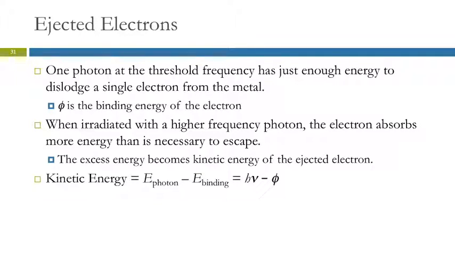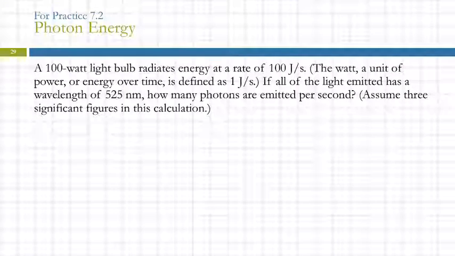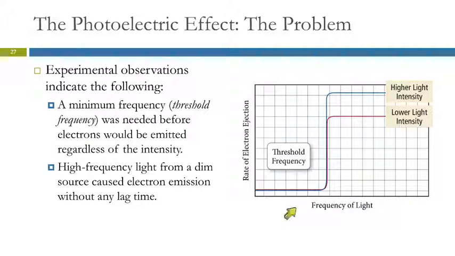Okay, we were talking about the photoelectric effect and how light energy would eject electrons. The threshold frequency was this right here. So when we get to a particular frequency, this is called a threshold frequency, anything above that will get electrons being ejected.